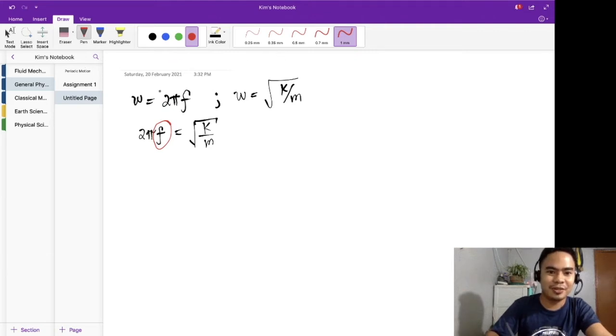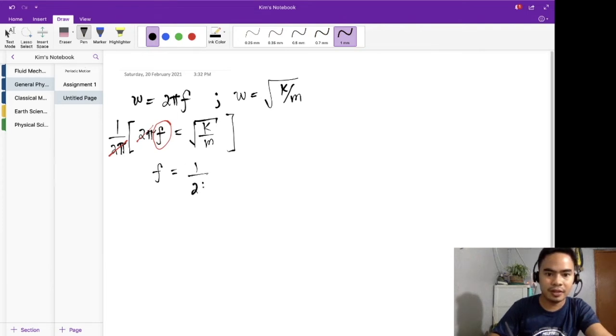Squaring both sides will just complicate things. So what you're going to do is multiply both sides of the equation by 1 over 2 pi, which cancels the 2 pi here. You are left with the frequency being 1 over 2 pi multiplied by the square root of k over m.